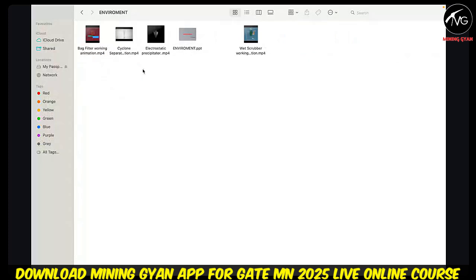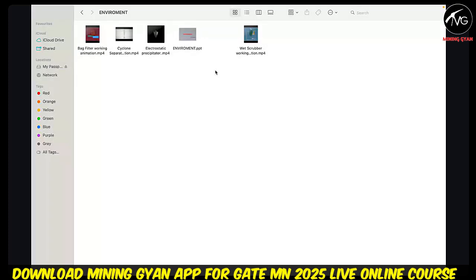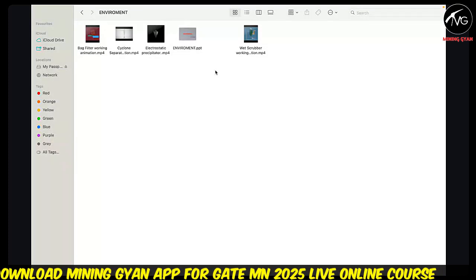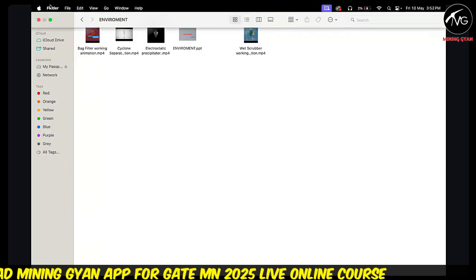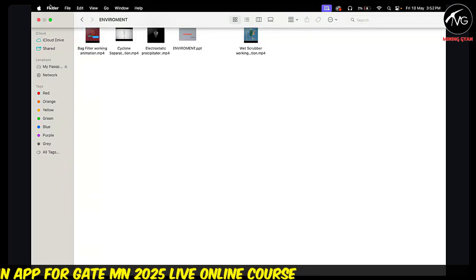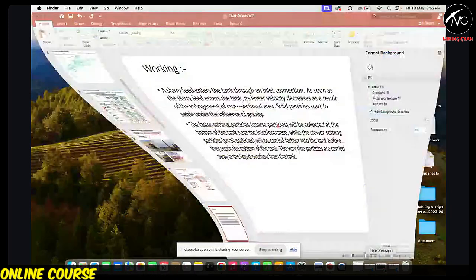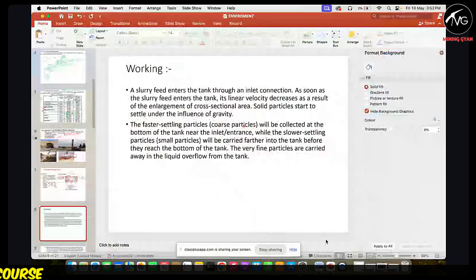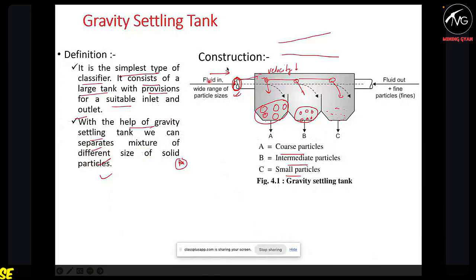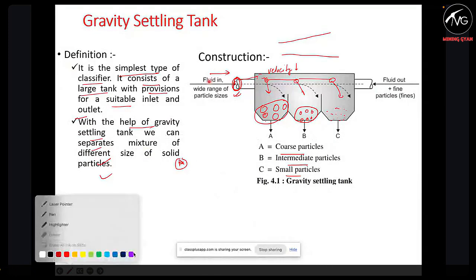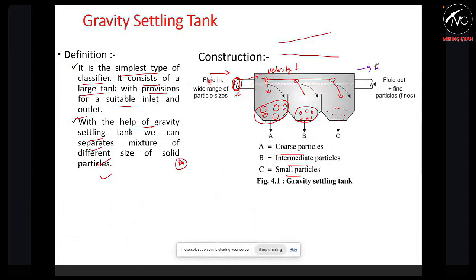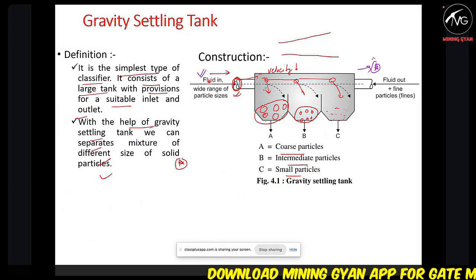Cyclone separator, wet scrubber. Okay, so I think this is the basic method: on one side your air flow will come in, and in that way your air will come out with fewer particles as compared to the inlet.